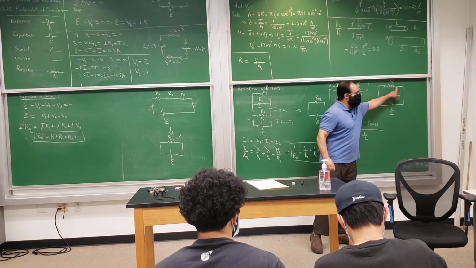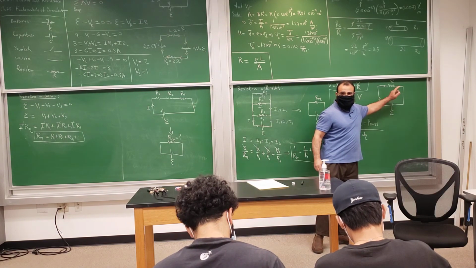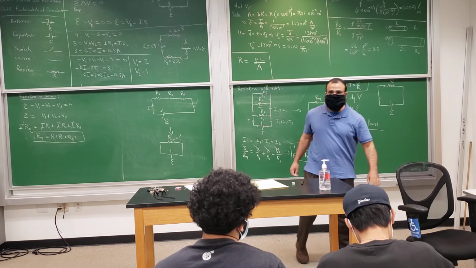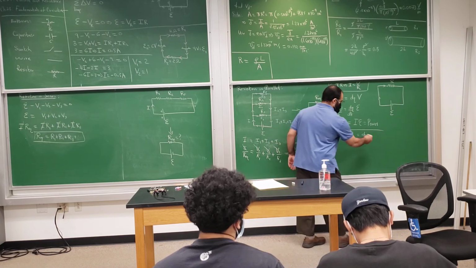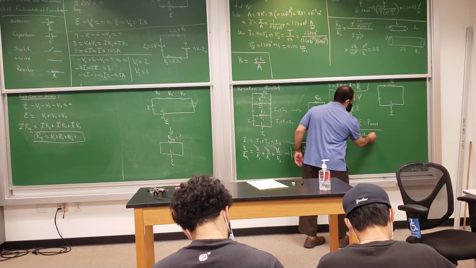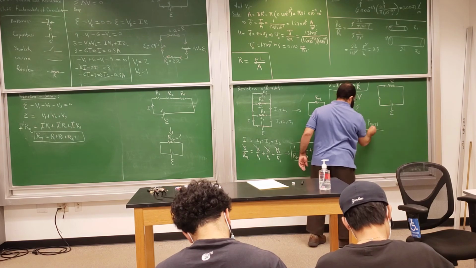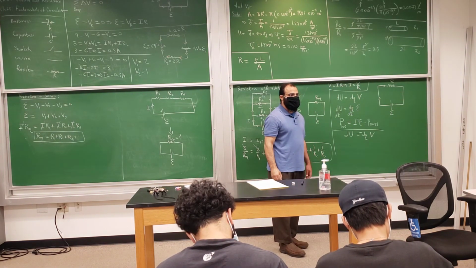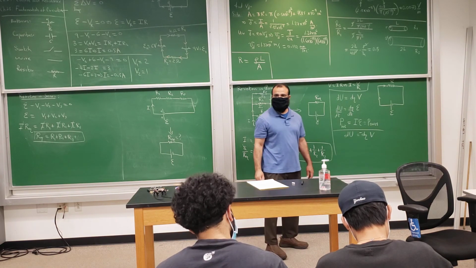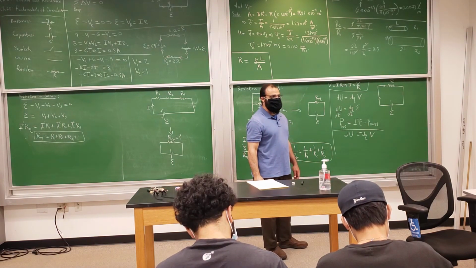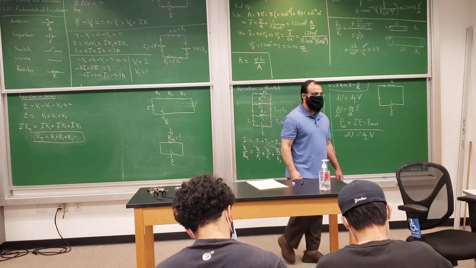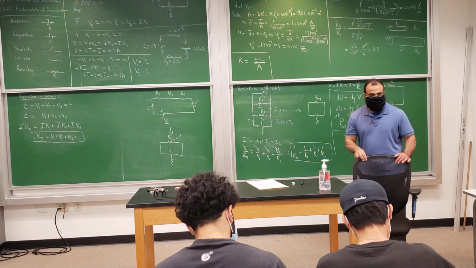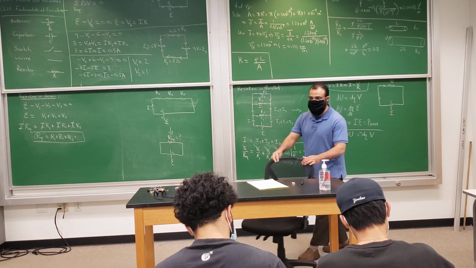It went from here to here, so its potential changed by a negative amount. And that negative amount is equal to the potential across the battery, right? So it's V of the potential across the resistor, but it's negative. So it's lost potential energy. The lost potential energy goes where? Heat, yeah, it actually goes into heating the resistor.